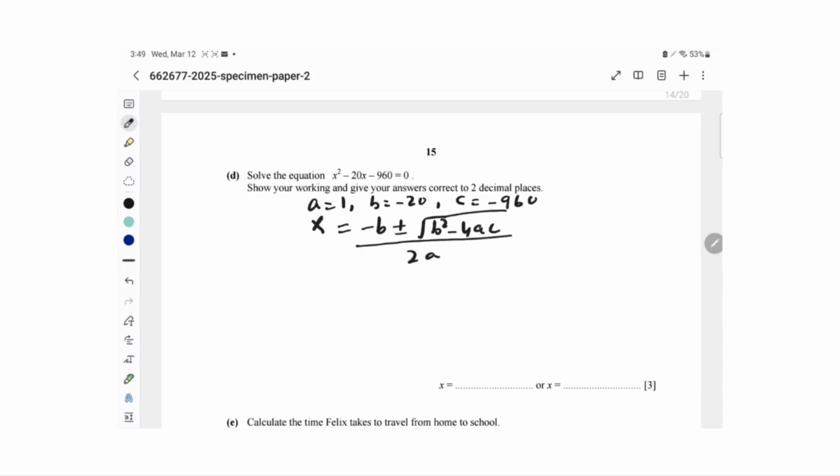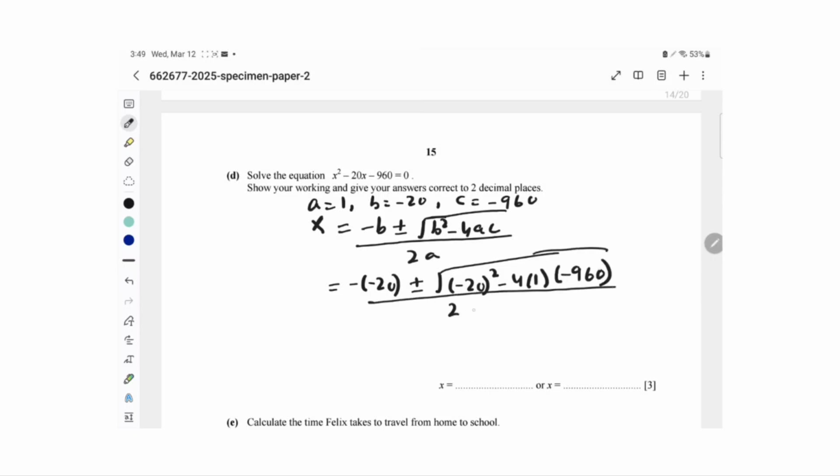Minus minus 20 plus or minus the square root of minus 20 squared minus 4 times 1 times minus 960, upon 2 times 1. That is 400. Just calculate it with a calculator.